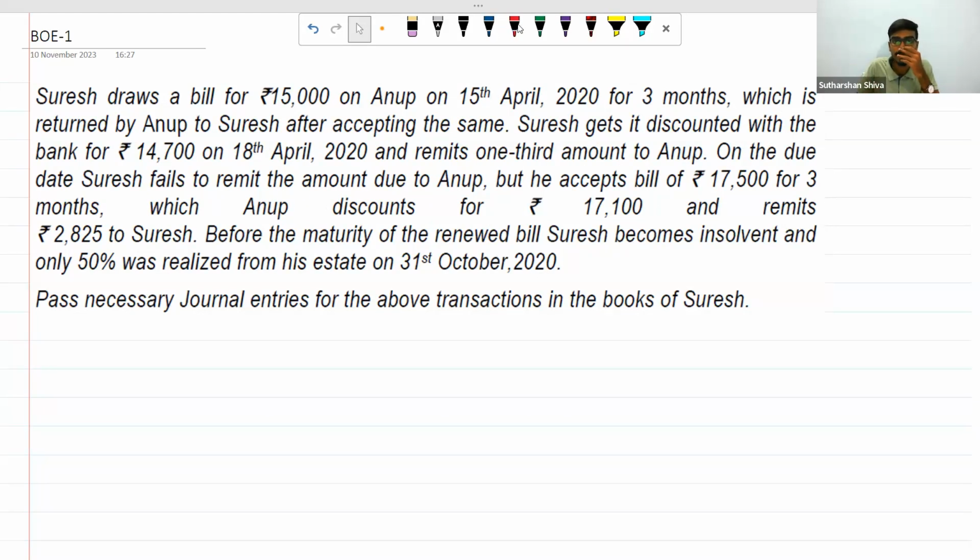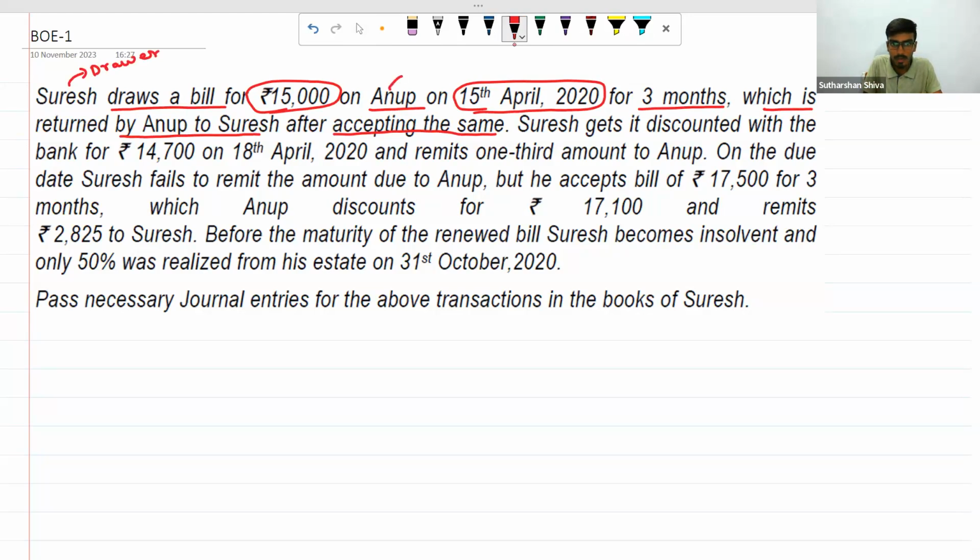First part is: Suresh draws a bill for 15,000 on Anup on 15th April 2020 for 3 months, which is accepted by Anup and returned to Suresh. From this point of view, Suresh is the drawer. Anup will become the drawee once he has accepted the bill. Yes, he is accepting; you will assume on the same date he accepts the bill.